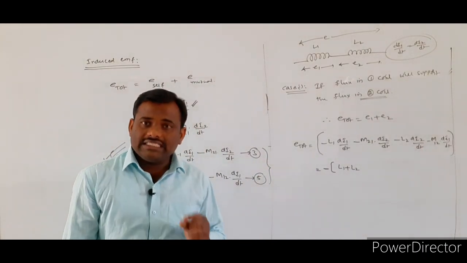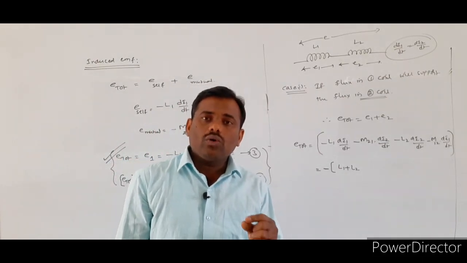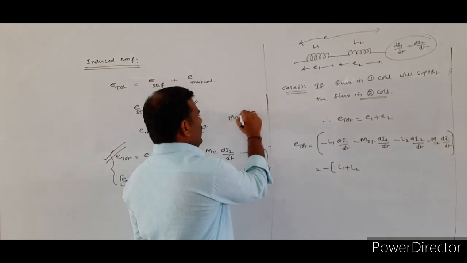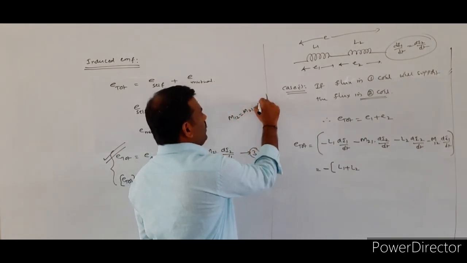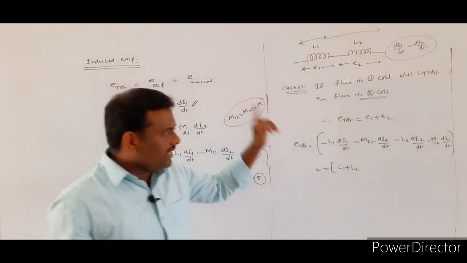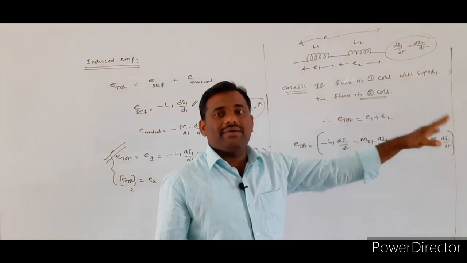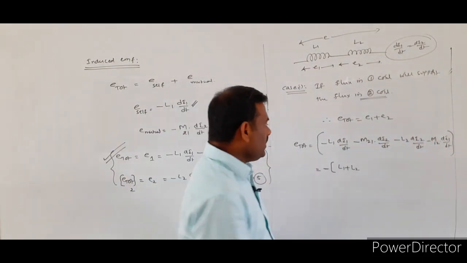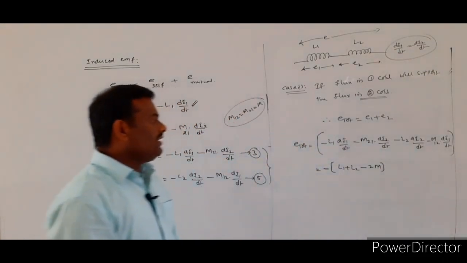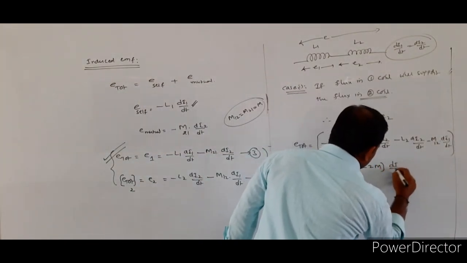While deriving the expression for the coefficient of mutual induction for coaxial solenoids, you wrote that M12 is equal to M21 is equal to M. Here also M21 is equal to M12, that's why in both places I am keeping capital M. If you substitute that value, you will get L1 plus L2 minus 2M into dI by dt.